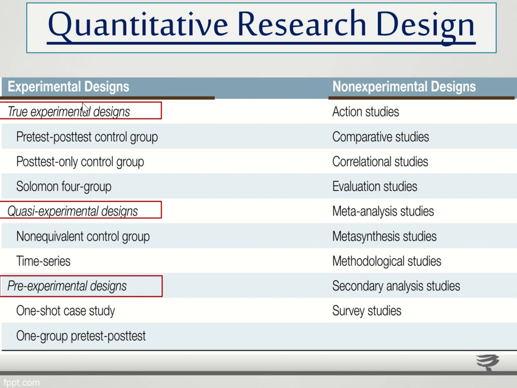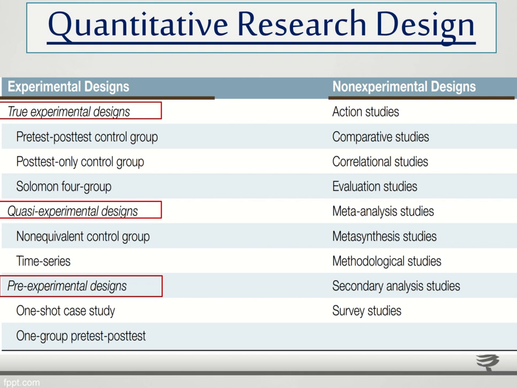So as presented in this table, we can see here the specific research design examples for experimental, and under this, we have three major categories, including the true experimental design, quasi, and pre-experimental designs. And for non-experimental naman, we have these designs. But we are only going to discuss comparative studies, survey, and correlational studies. Ayan.